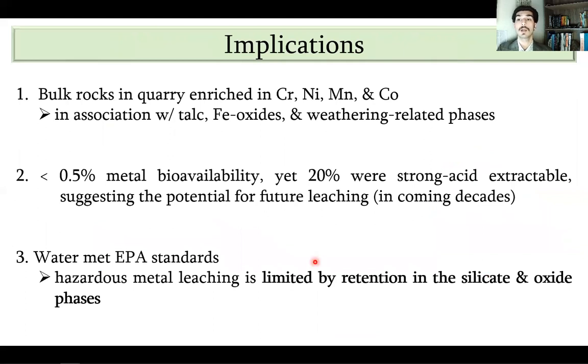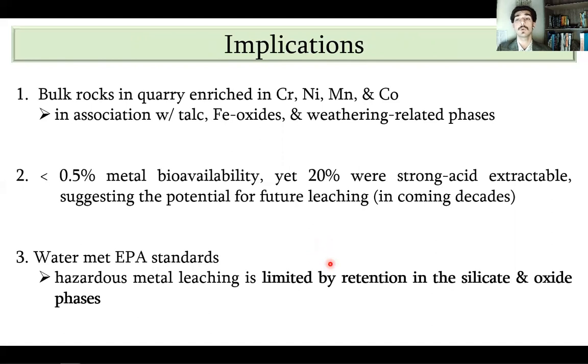Well, the bulk rocks in the historic Osborne quarry are in fact highly enriched in trace metals. And those are associated with talc, other sheet silicates, magnetite, and weathering related phases. Despite this high abundance of metals, less than 0.5% is bioavailable. So those don't immediately pose any harm to our water quality.